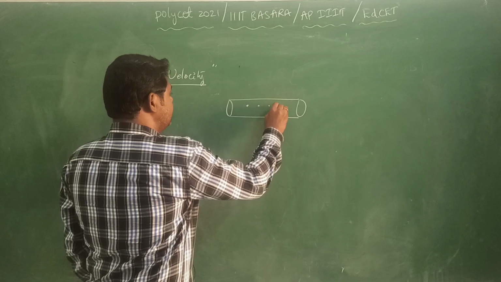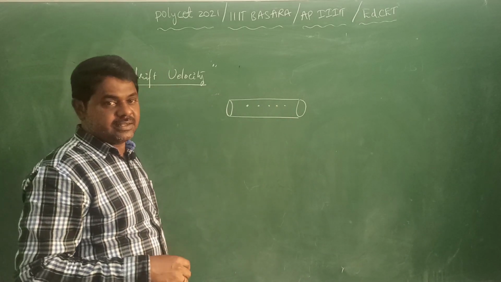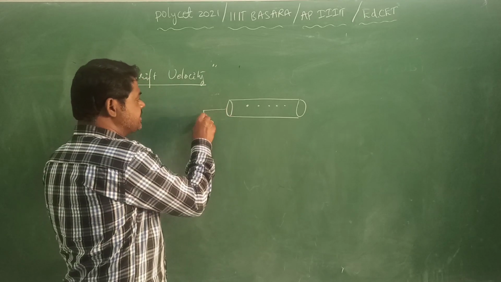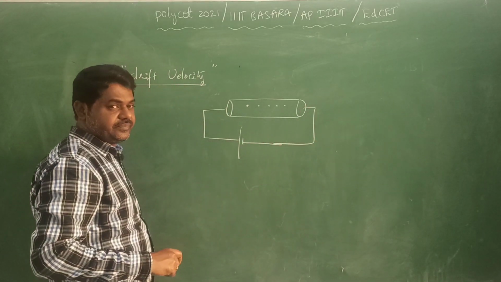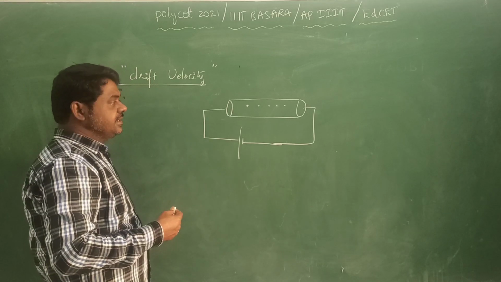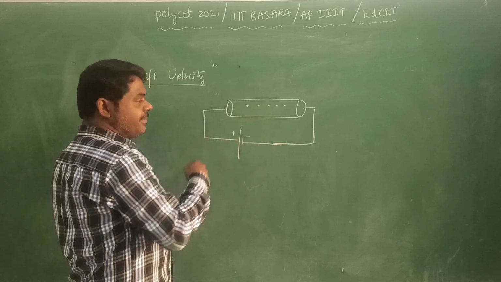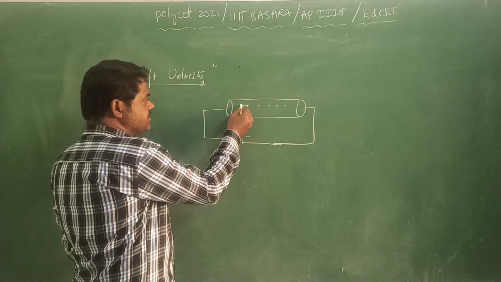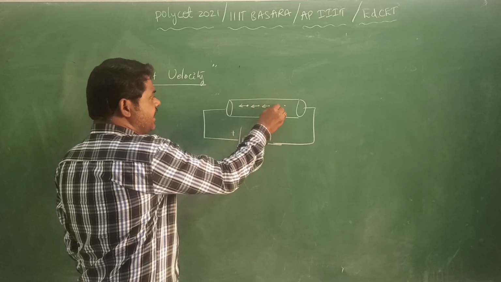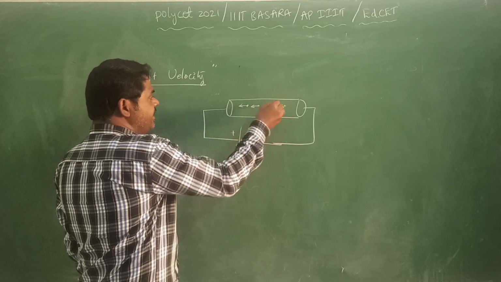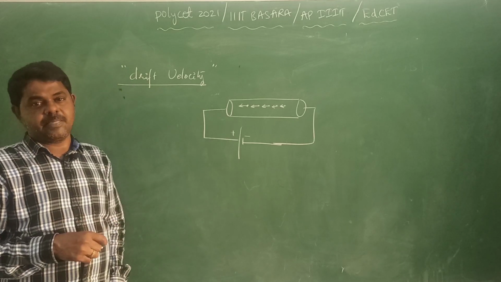Already you know in conductors so many free electrons will be there, and after the application of the electric field, that means if it is connected to a battery, this all we discussed in the last class. So if you connect this conductor to the battery, then these free electrons are going to move in an orderly way with a very slow velocity.